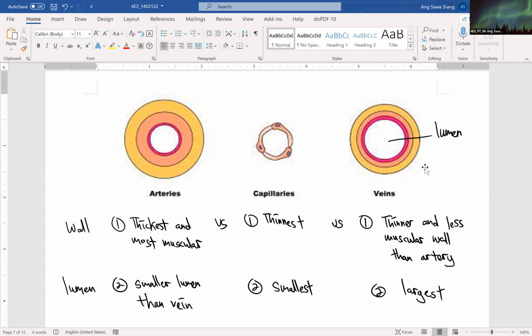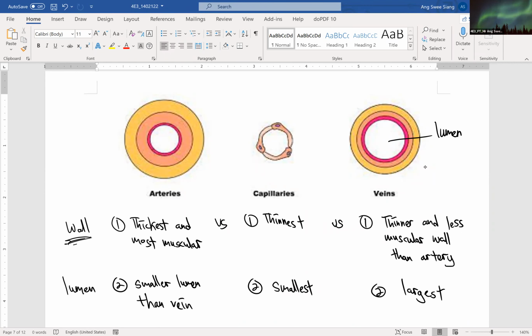I'll give you a hint: look at the number of layers. Actually, the number of layers is related to the first one. What about the number of layers? You just need to count 1, 2, 3.